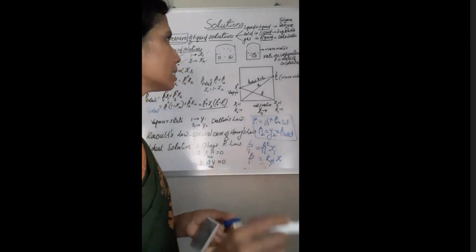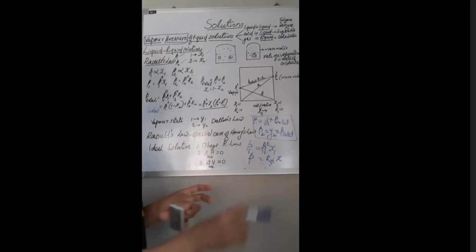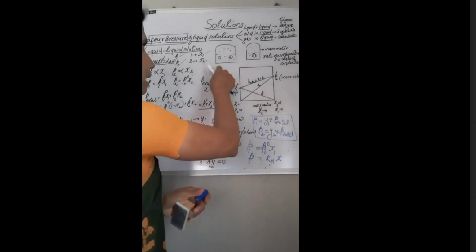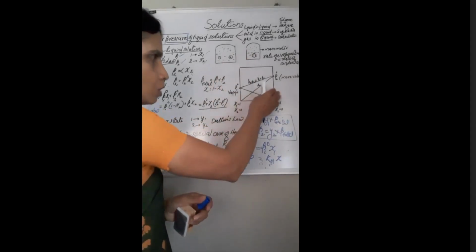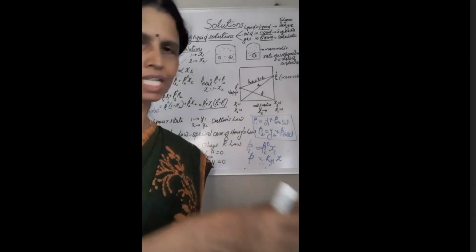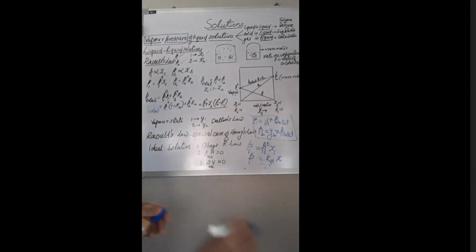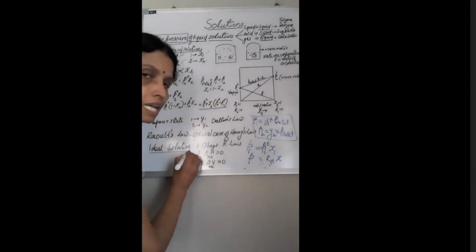constant. Then another important part about this Raoult's law is, now if a solution like this obeys Raoult's law over the entire range of concentration, whatever be the range of concentration, if Raoult's law is obeyed, then such a solution is called an ideal solution.